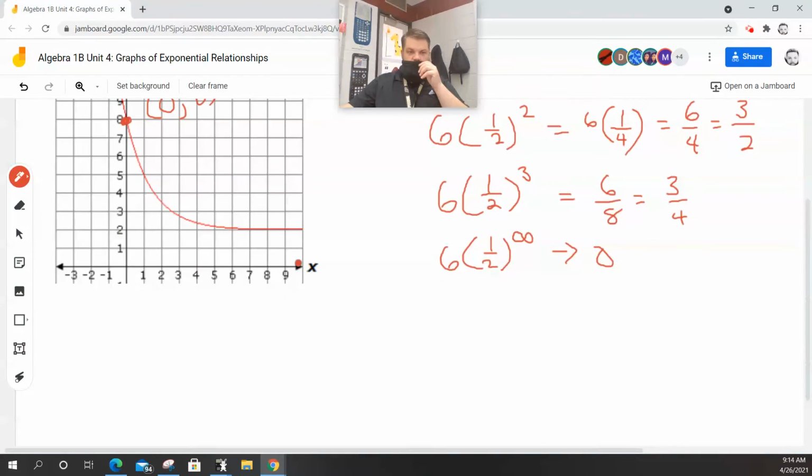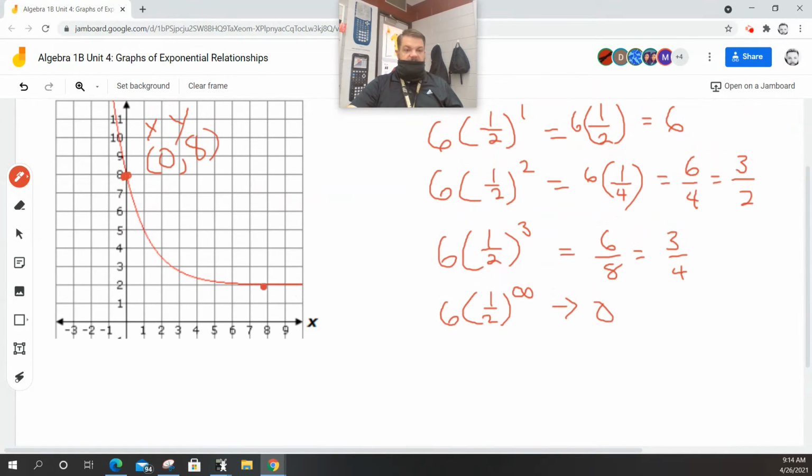So what I'm looking for, well, first of all, I know that it's never going to cross 2. So my asymptote occurs when y equals 2.